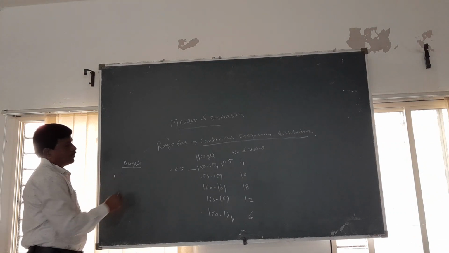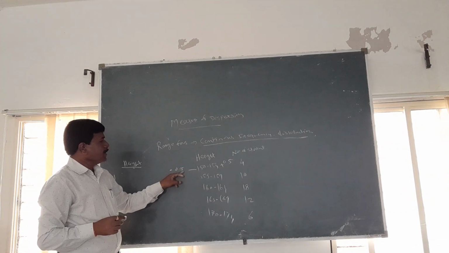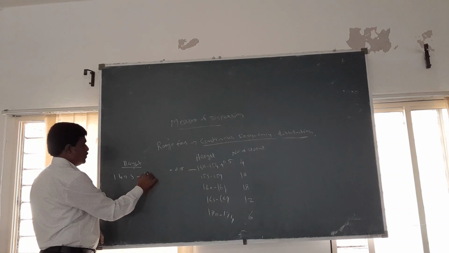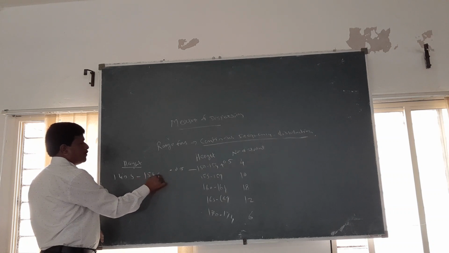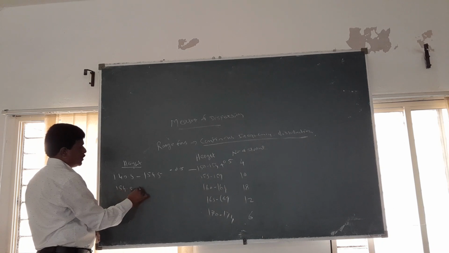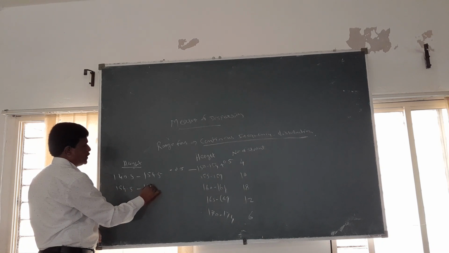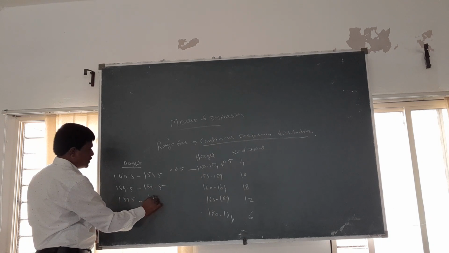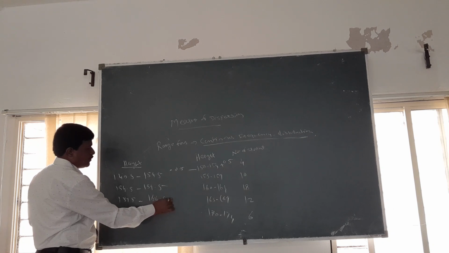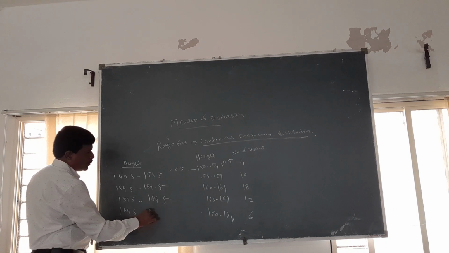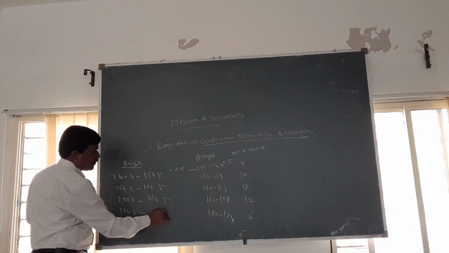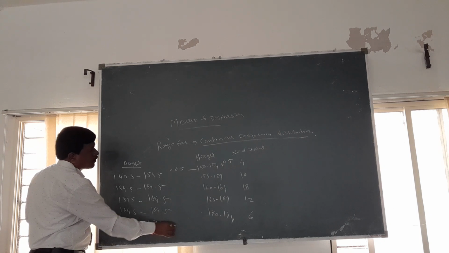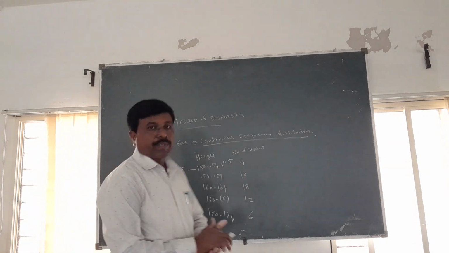That is, 150 minus 0.5 gives 149.5 to 154.5, then 154.5 to 159.5, 159.5 to 164.5, 164.5 to 169.5, and 169.5 to 174.5, with the respective frequencies.